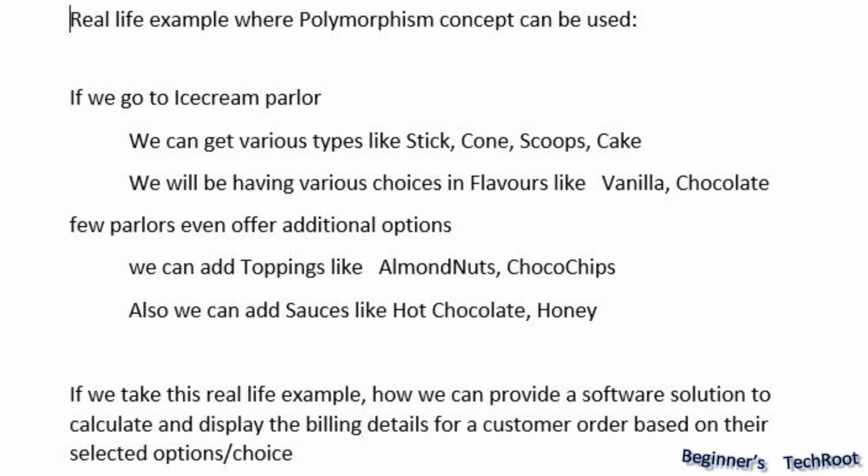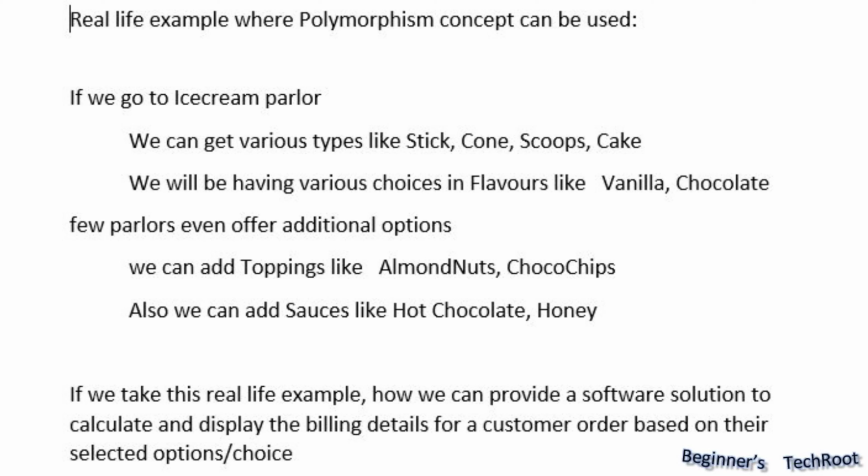If we take this as a real life example, for this scenario, how can we provide a software solution to calculate and display the billing details for a customer based on whatever options they selected?